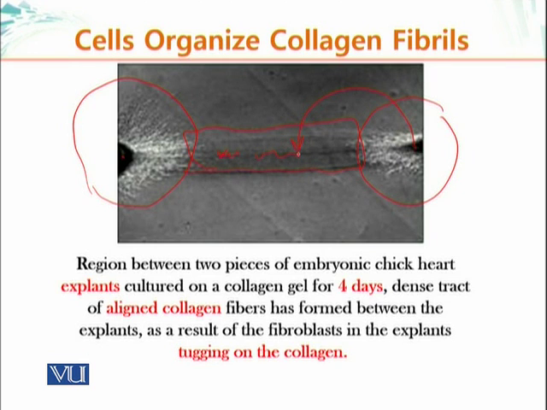So it is a two-way relationship. Cells can orient collagen molecules, and then collagen itself can serve as a track or as a substrate on which cells can move, and they can also use this molecule as a signaling entity which tells them how or where to move.